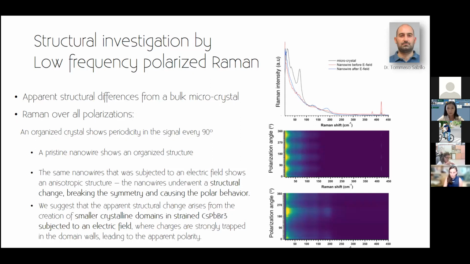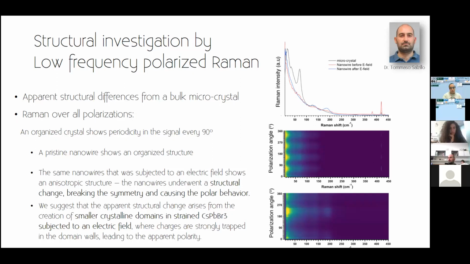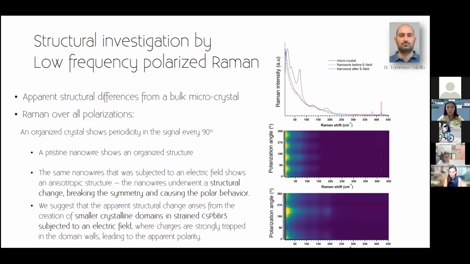So this led us to understand that a strained cesium lead bromide nanowire, upon electric field, will undergo some kind of structural breakdown into smaller crystalline domains, and these will strongly trap charge carriers in the domain walls and lead to some kind of charge separation and the apparent polarity that we see.